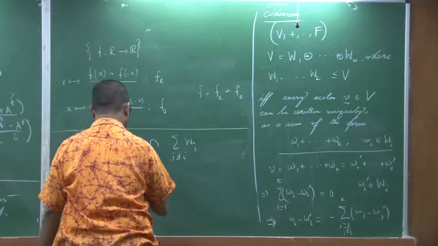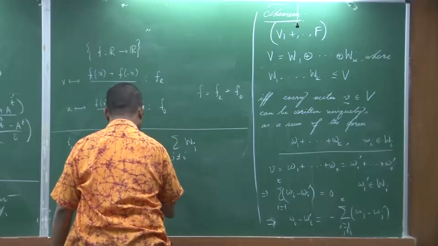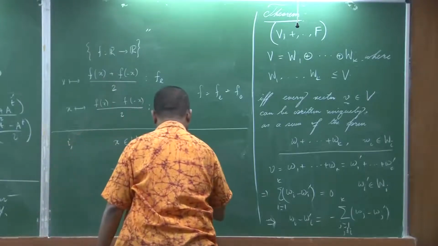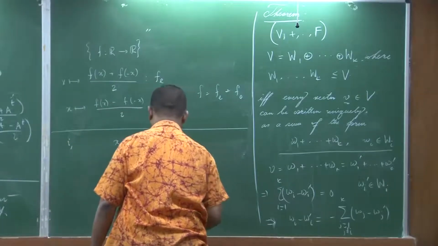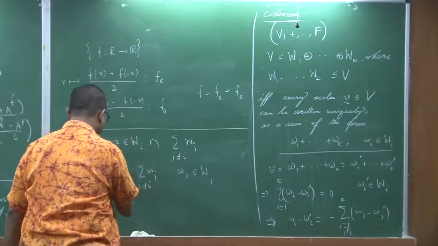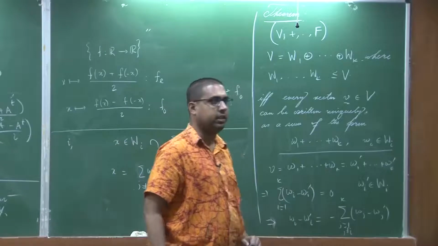Therefore, x can be written as a sum over j not equal to i, where wj lies in Wj. Now you bring everything together, and you have the uniqueness of the representation.